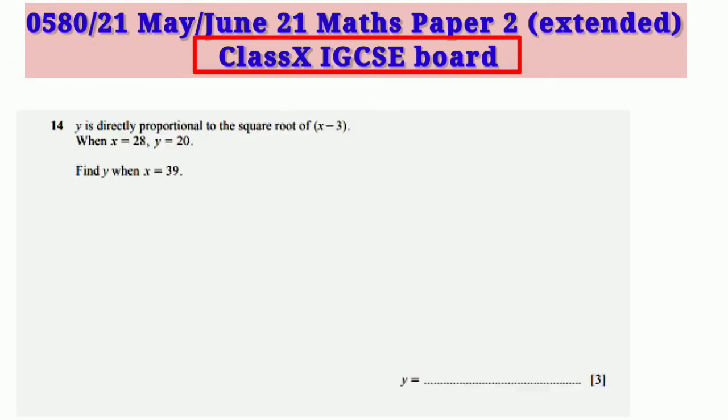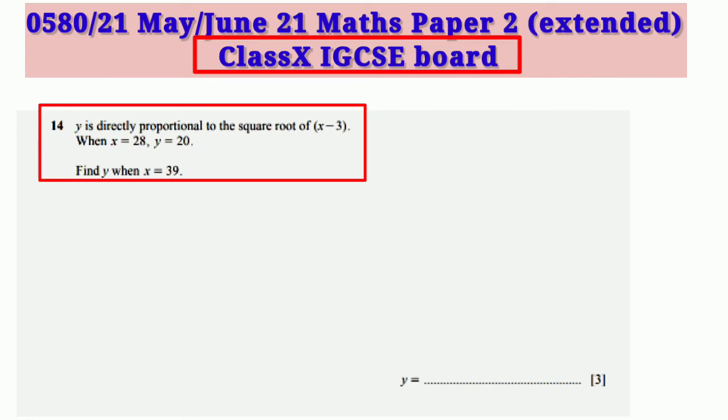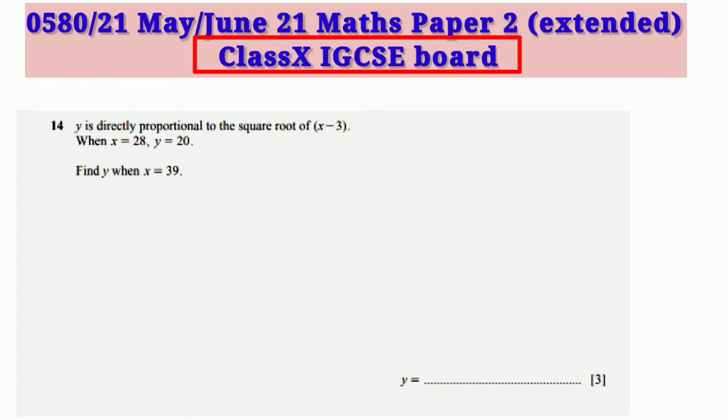14th question. y is directly proportional to the square root of x − 3. When x is equal to 28, y is equal to 20. Find y when x is equal to 39. We have the equation y ∝ √(x − 3). We will remove the sign of proportionality, which will bring k, and we will square both sides.